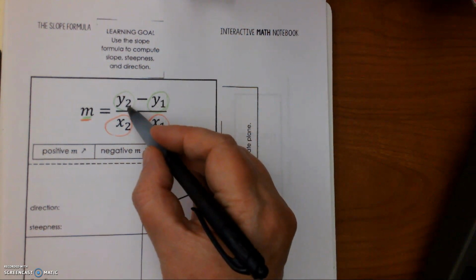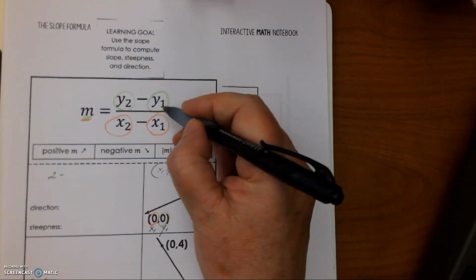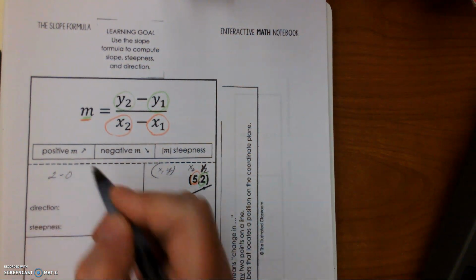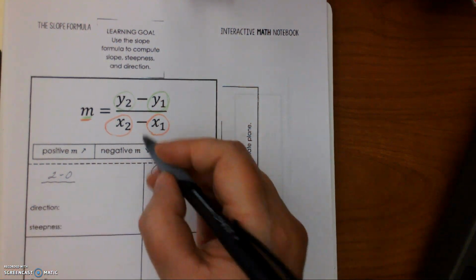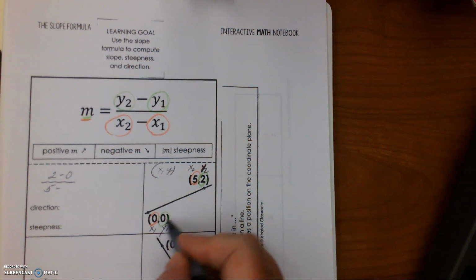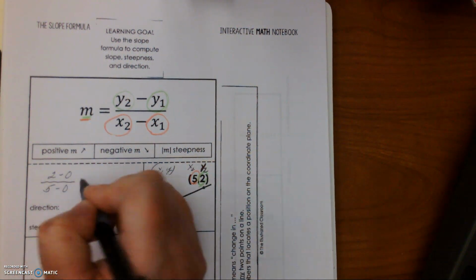So we're going to take y2, which is 2, and we're going to take y1, which is 0, and then we're going to divide it by x2, which is 5, and x1, which is 0.